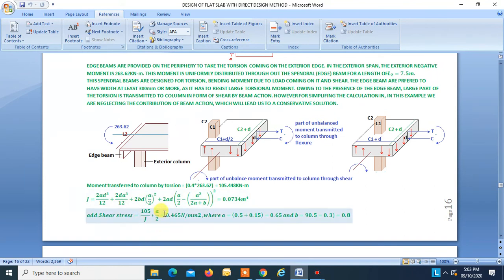Now again, using the same formula, A is equal to C1 plus D by 2, and B is equal to C2 plus D. Putting these values, we get additional shear stress as 0.465 Newton per mm square. So this will be added to the punching shear stress at this section. So let's proceed.